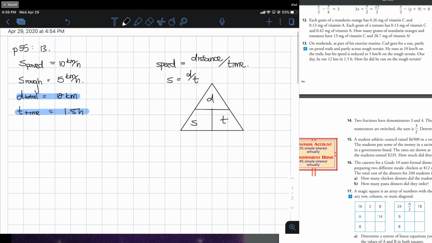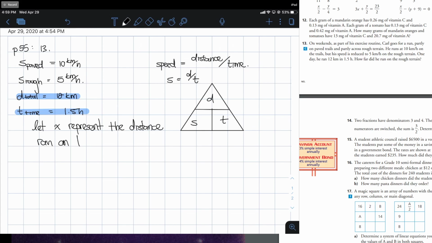So in order to answer that, let X represent the distance that he ran on the paved surface. And we'll let Y represent the distance that he ran on the rough surface.